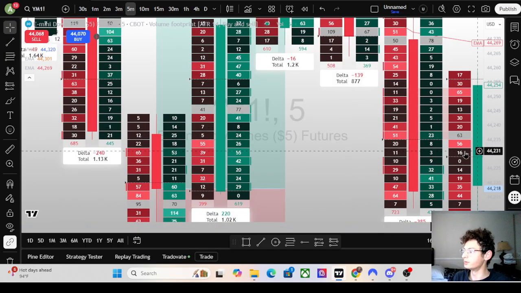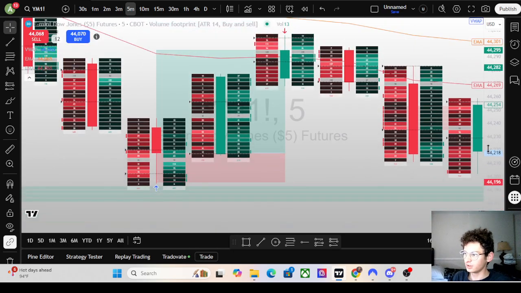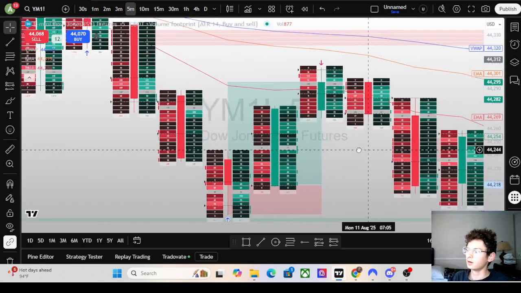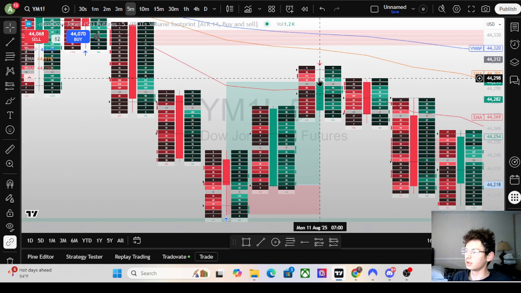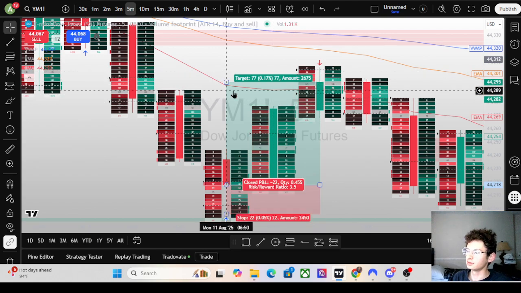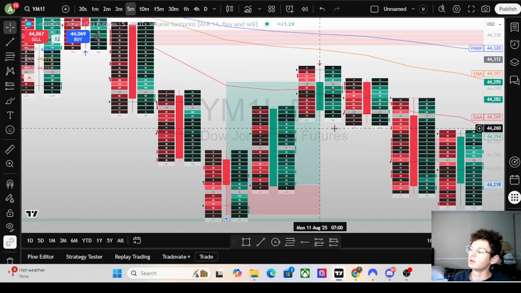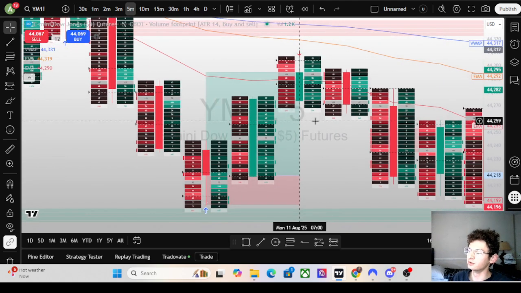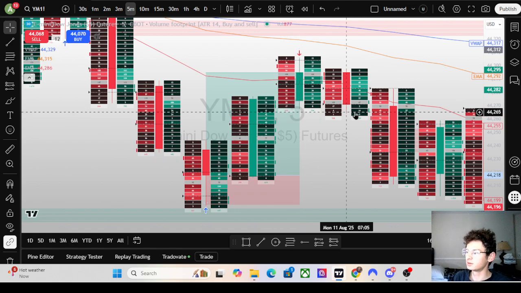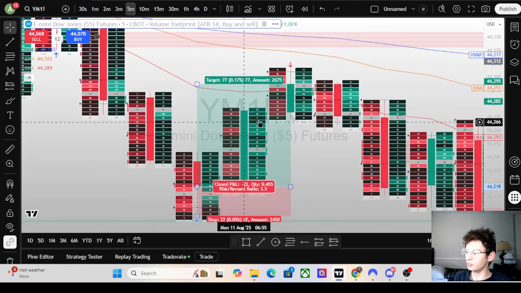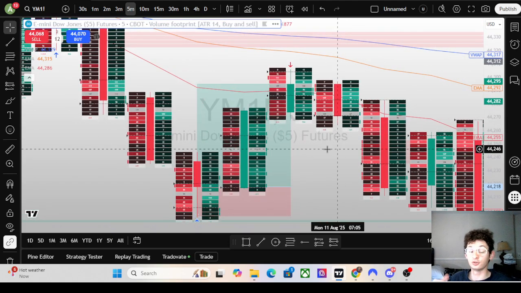This resulted in a 10-minute trade, basically getting in and getting out, resulting in 77 points on the Dow Jones. This is obviously much more than I was anticipating. Usually I go for about 30 to 50 points on Dow Jones or Nasdaq, but because of the move up, I started trailing my stop.